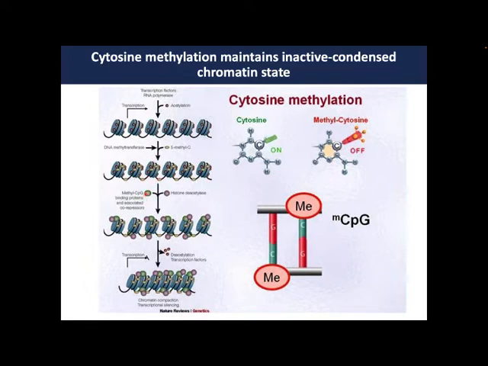Once methyl CpG methylation happens, the methyl-CpG-specific binding proteins make the chromatin more compressed, and that makes gene expression suppressed. So DNA methylation suppresses the expression of certain specific genes by altering chromatin states.